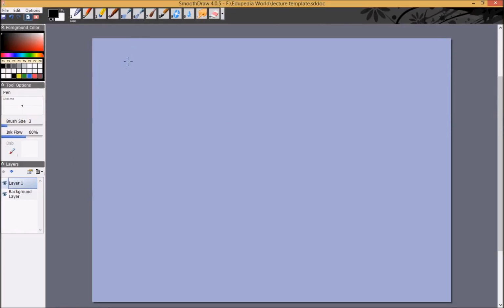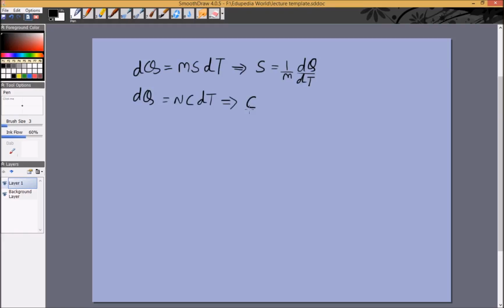One is related to the mass, which comes from the equation Q is equal to ms, or rather let's write it in the differential form now, dQ is equal to ms dT, which says that s is equal to 1 by m dQ by dT, or dQ is equal to n C dT, where n is the number of moles, which means C, the molar heat capacity, is 1 by n dQ by dT.